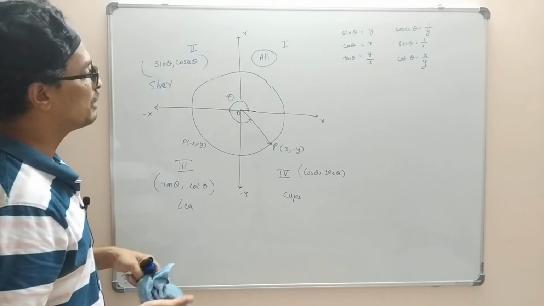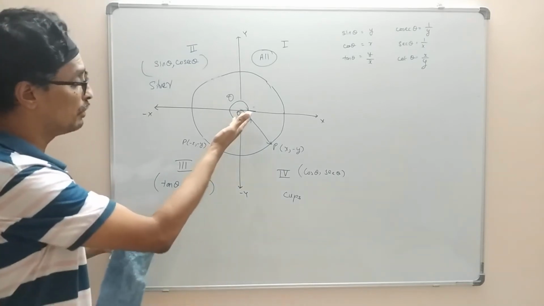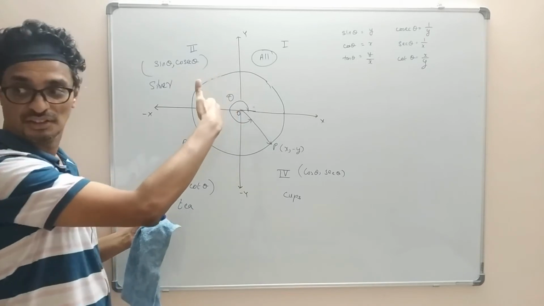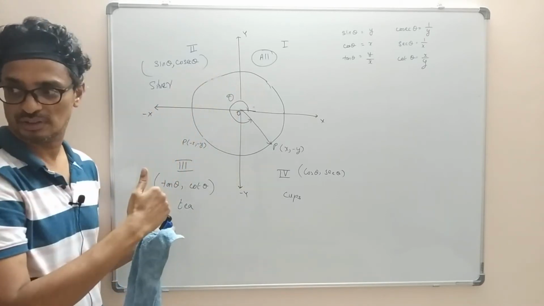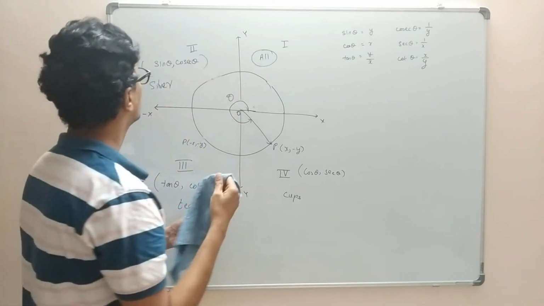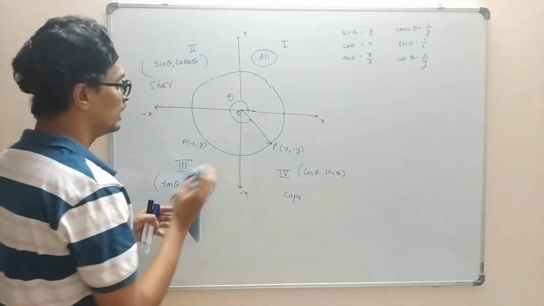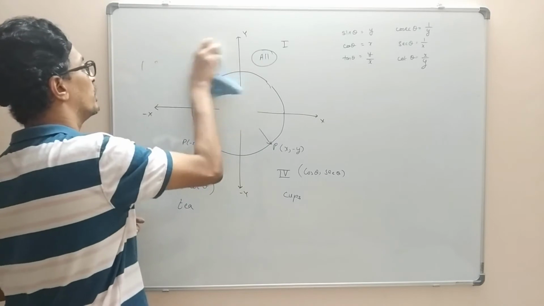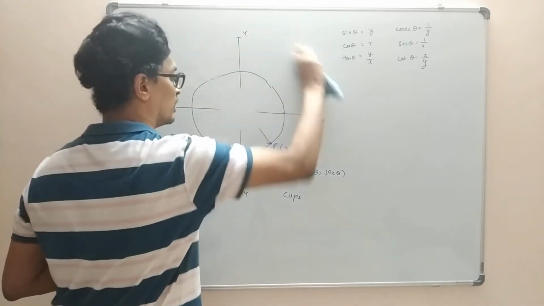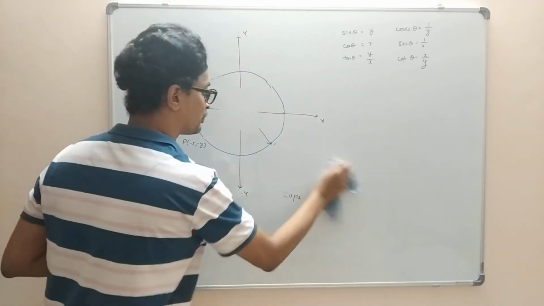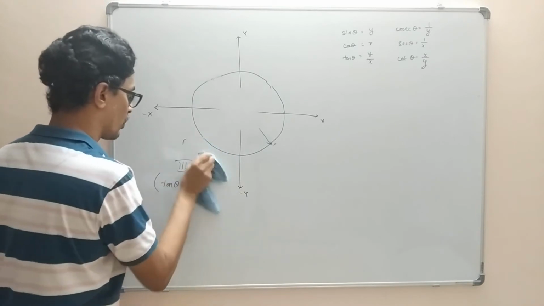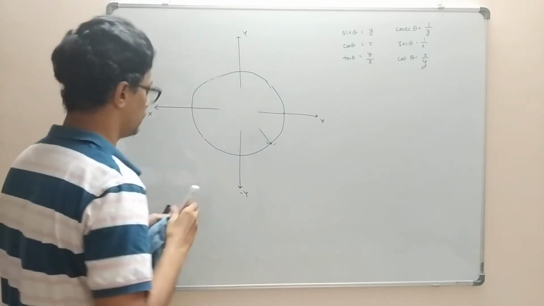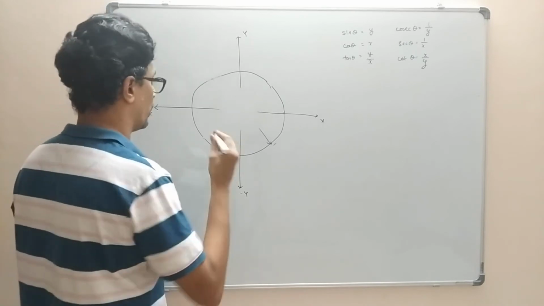Till now we have considered only positive directed angles, but a directed angle can be negative also. Let us see what the trigonometric ratios of a negative directed angle would be. I am going to remove these things and draw the coordinate system.